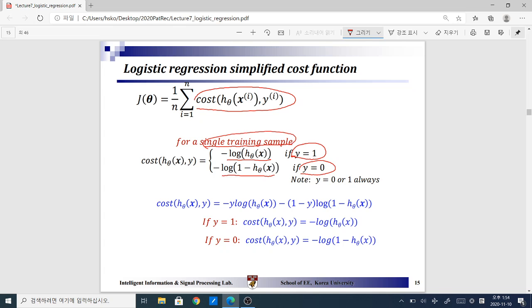That is for a single training sample, but we have n number of samples. So the entire error function, or the entire cost, is essentially the sum of all these individual costs for each of the ith sample.